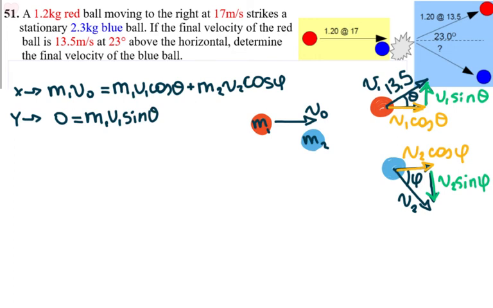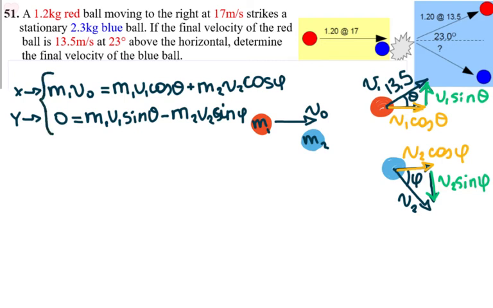And then the other one is moving in the opposite direction, so that's going to be minus m2 v2 sine phi. So that's what I have horizontally and vertically for my system.